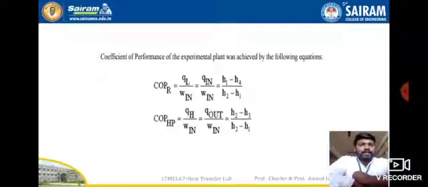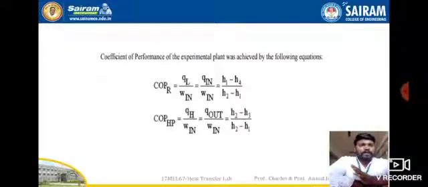What is the heat given and what is the work we received? W in is the work input. Heat input happens in the evaporator, H1 minus H4, and work input is the 1 to 2 process, the compressor, H2 minus H1. So H1 minus H4 divided by H2 minus H1 is the formula for coefficient of performance for refrigerator.